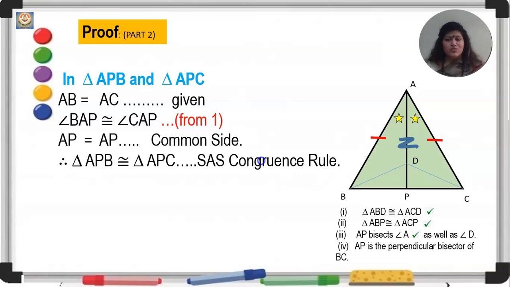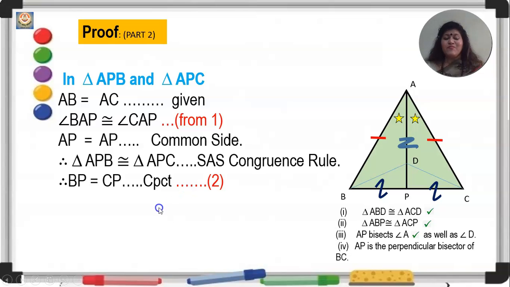Now, after proving the two triangles congruent by SAS congruence rule, use one CPCT because you have to prove AP is the bisector of BC. We will not prove perpendicular now, that later. Let us prove AP is a bisector of BC. So look at the diagram. Look at seg BP and CP. Are they not congruent? Because of CPCT.